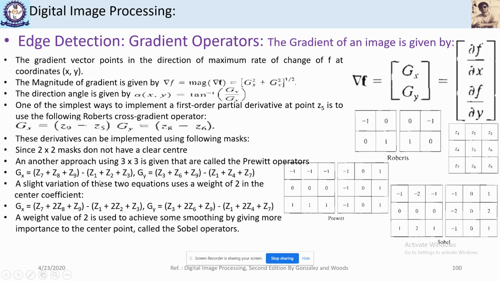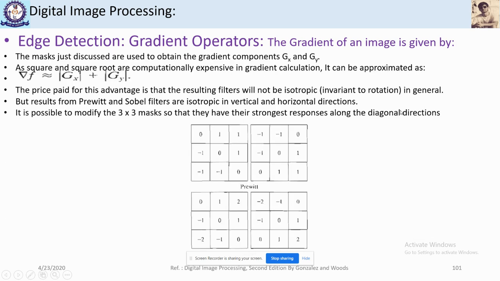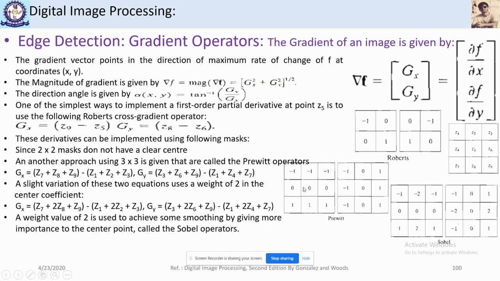So these are the basic operators which can be used to implement the partial derivatives in x direction and y direction. By doing so, we have obtained the gradient components gx and gy. So these operators will give us gx and gy. But the magnitude of gradient is given by this expression, that is square root of gx square plus gy square.